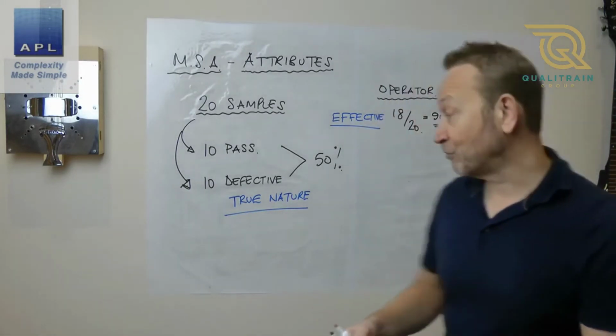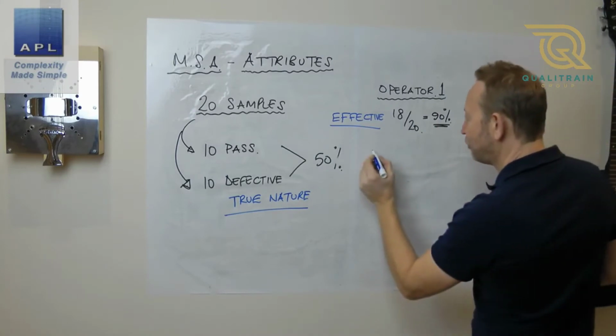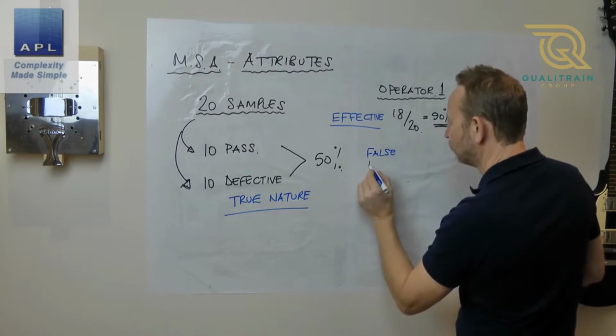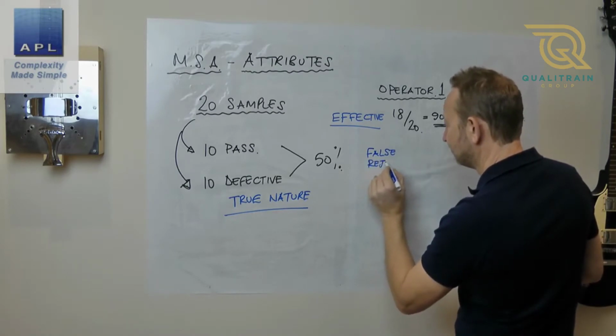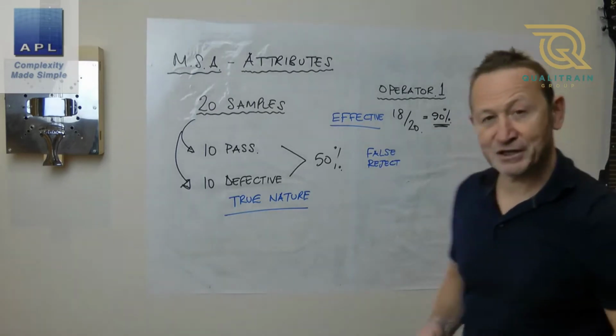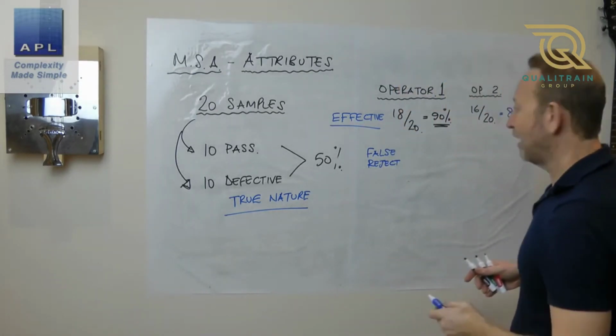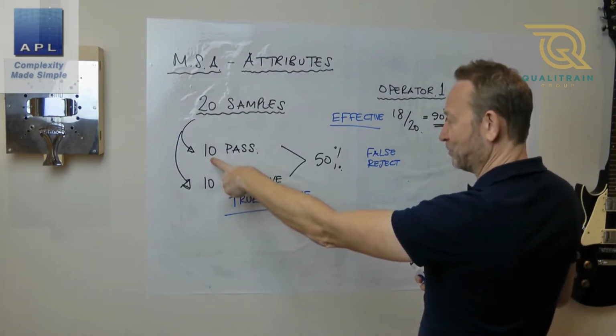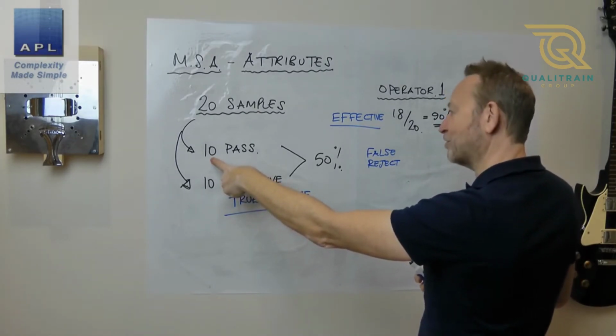Then the next thing you're going to work out is the chance of a false reject. So what's the chance you're going to get a false reject? And of course that's going to be defined by the percentage of mistakes that you've made here.